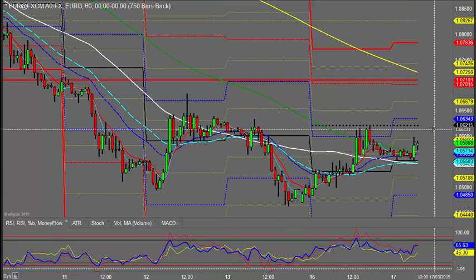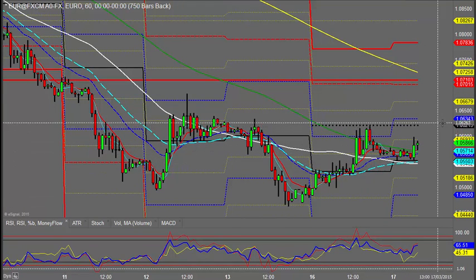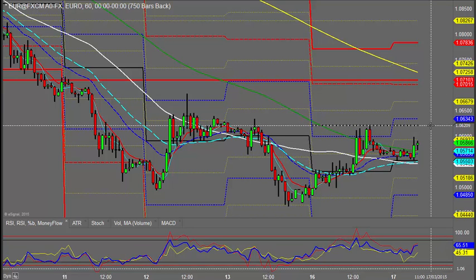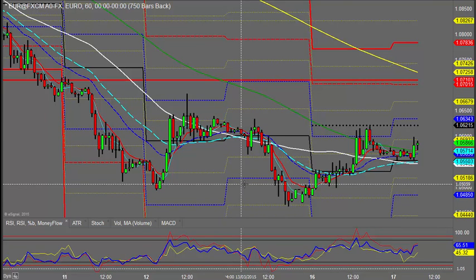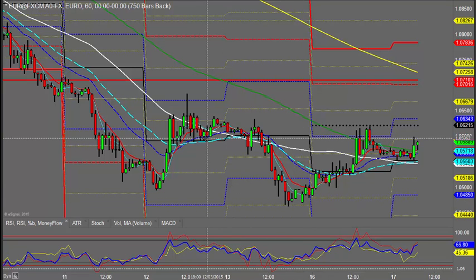There's a possibility it could run back up towards that weekly pivot, and maybe beyond. It's seeing a bit of a bounce at the moment, so certainly a possibility.